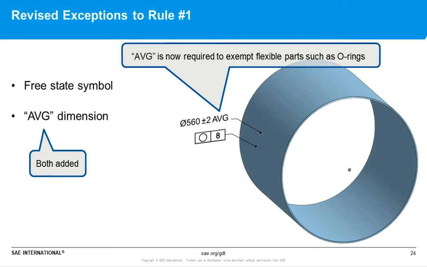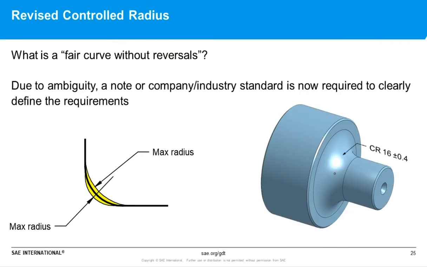But now they're saying, hey, if you don't want to restrain it, you want to still measure it in the free state, you can use the average diameter here to override basically Rule 1. So that obviously would apply to flexible parts like a large diameter with thin wall, like the one we see here, or O-rings would be another good example.